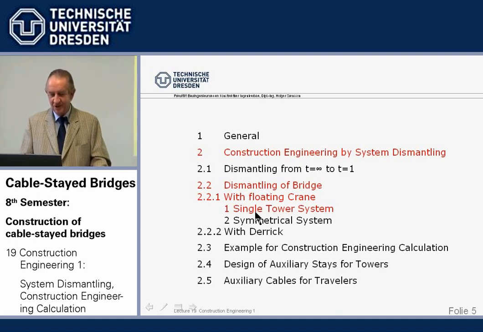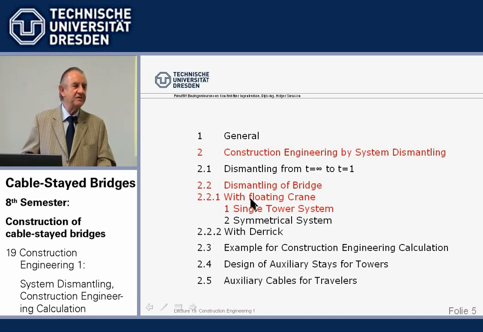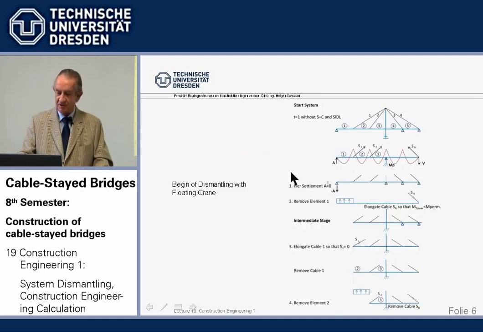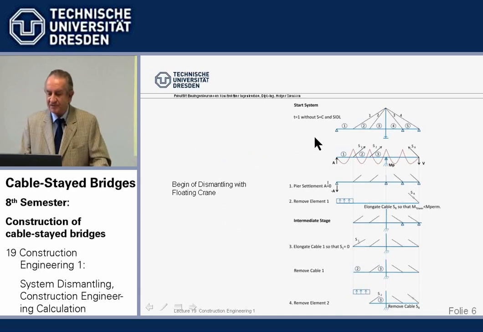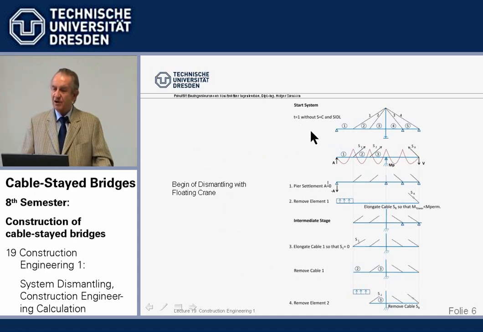And we also start with a single tower system, which is the simplest, and then later go on. Now, here we have our bridge at t equals 1, after shrinkage and creep and superimposed dead load. That's taken off.